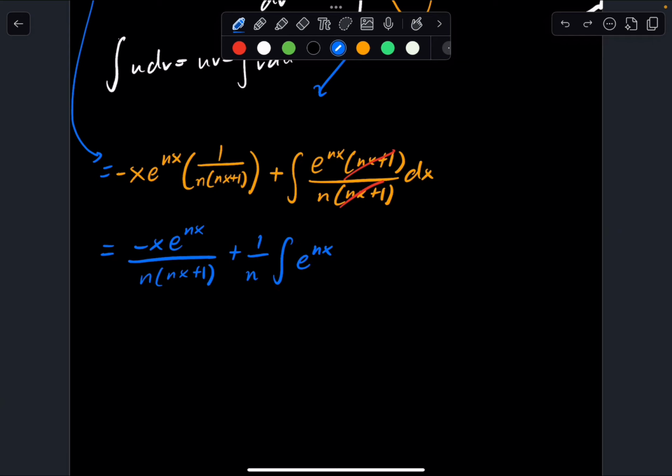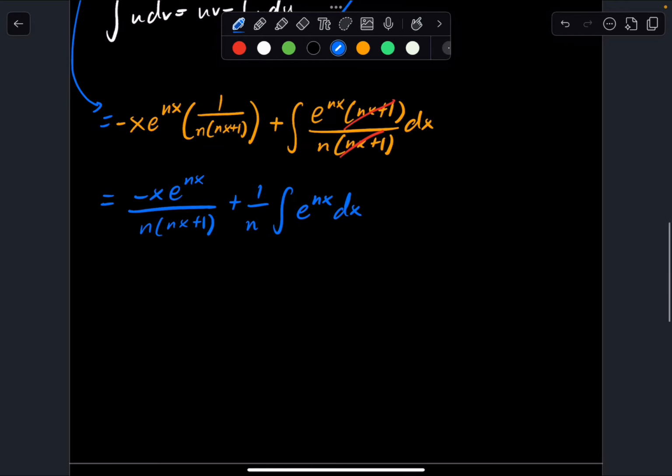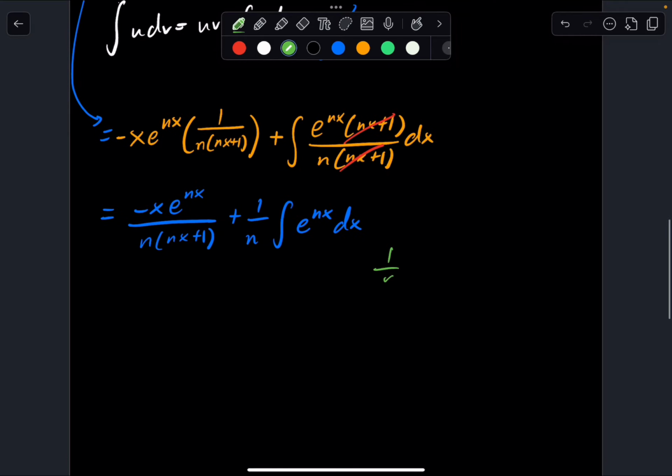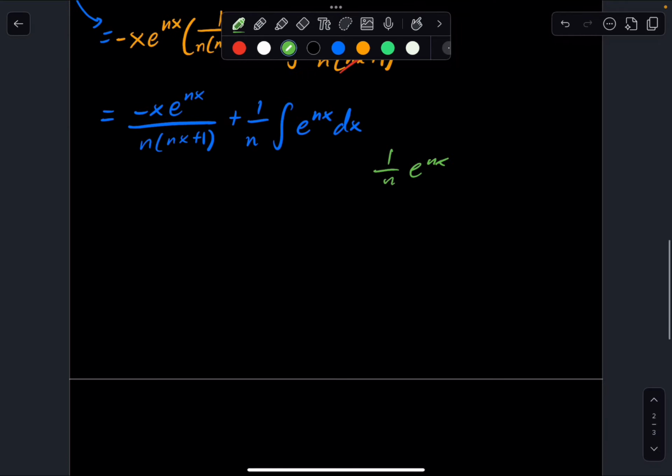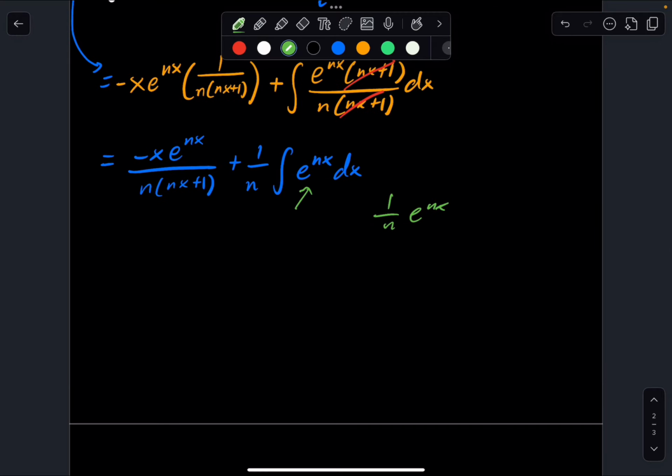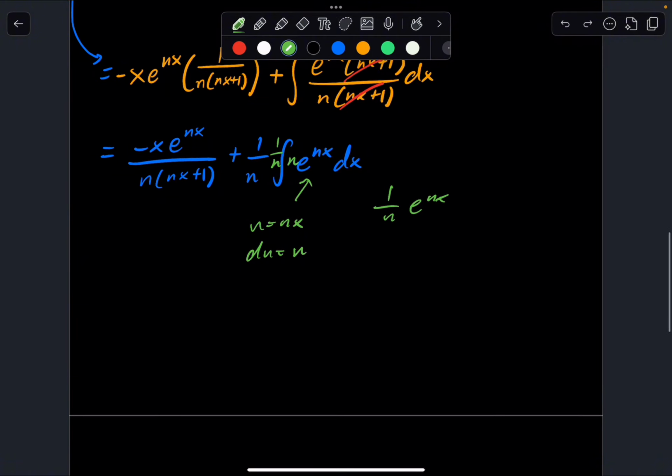Now, what is the integral of e to the nx dx? Of course, I'm sure you know it's 1 over n e to the nx, but you can, of course, use u substitution once again. So u is equal to nx. Du is equal to n, but we don't have an n here, so we can do n and 1 over n right here. So it's still multiplying by 1. And we just integrate, and then we get this. So yeah.